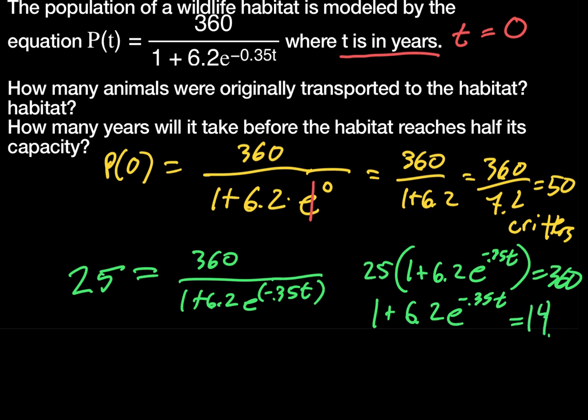14.4. 6.2 e to the negative 0.35 t equals 13.4. Subtracted the 1.